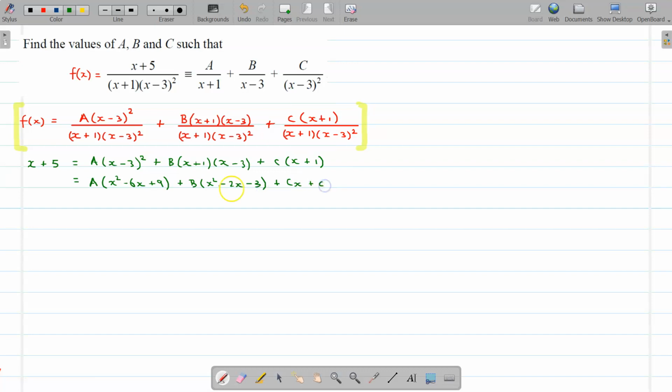Okay, and I'm just going to keep on expanding this stuff out until I get to a situation where I can equate coefficients. So I'm going to have ax squared plus... well, what I'm going to do actually is just slightly simplify this in one more step, because I've got an ax squared and a bx squared, so I could just write (a plus b)x squared.